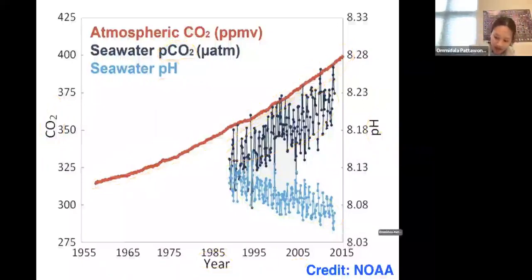You may ask, why is this important since the pH is not decreasing by much at all? Looking at this, 8.13 and 8.08. The answer is that living organisms thrive only within a narrow pH range. If the pH goes beyond that narrow range, it is going to disrupt their health.